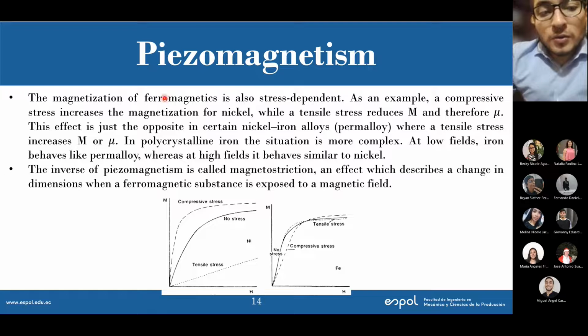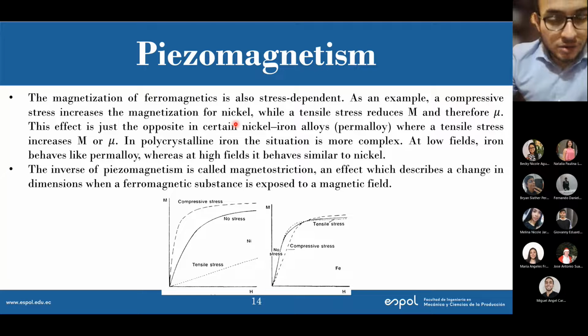So the magnetization of ferromagnets is stress dependent. For example, if I put a compressive stress on a material, that will increase the magnetization, and that happens, for example, in nickel. Whereas if I put a tensile stress, it will actually reduce the magnetization.